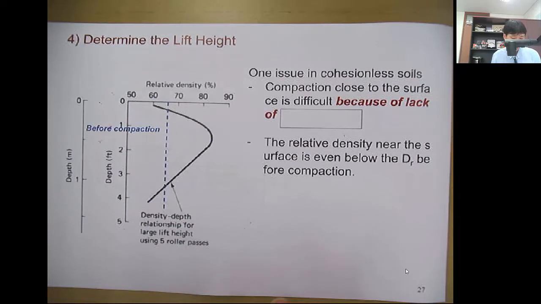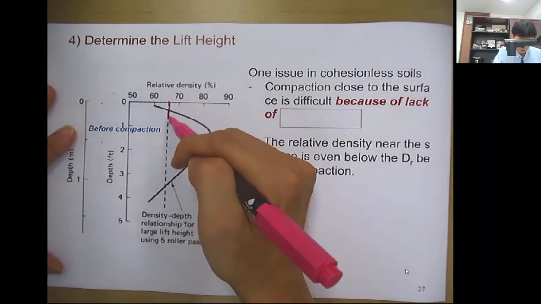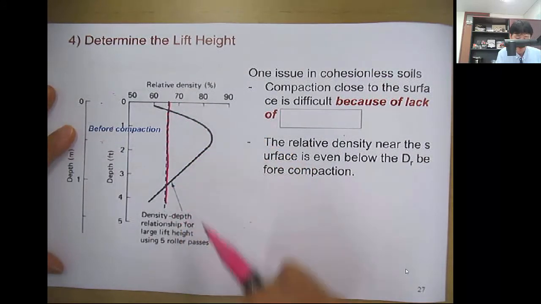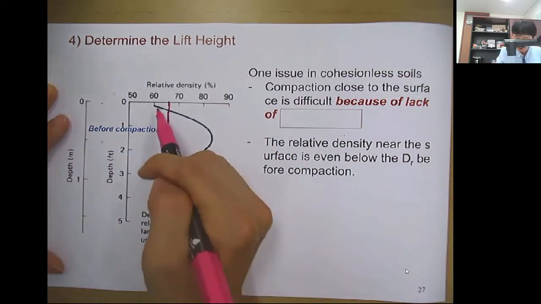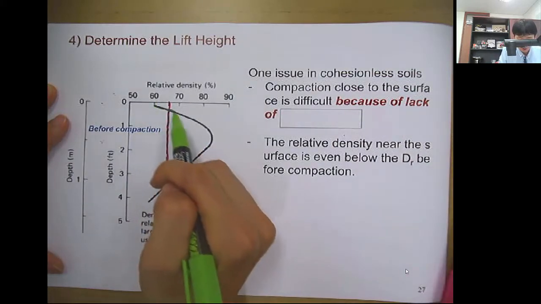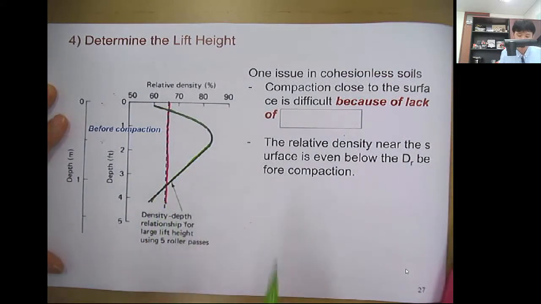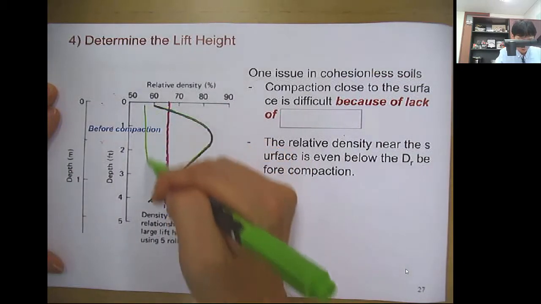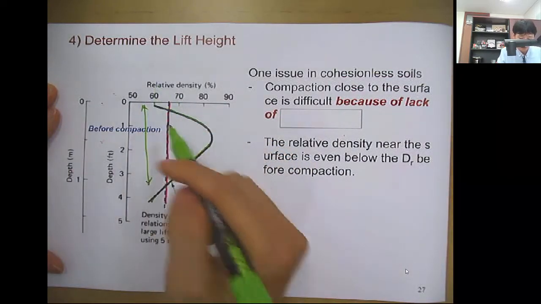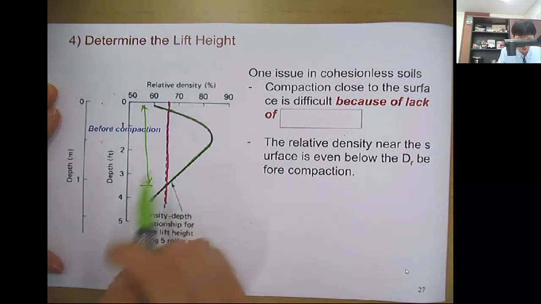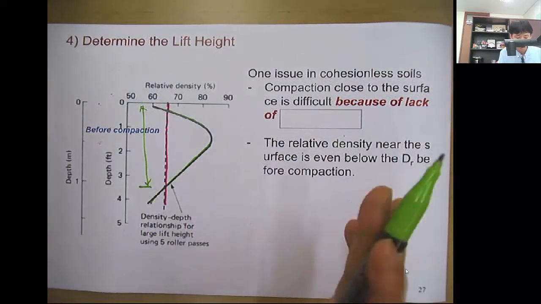So then, what will be the relative density change vertically before and after the compaction? Let's say that this line is the relative density before compaction, and after compaction it will increase like this, so that you have a certain limitation. So the compaction affects only 3 feet. 3 feet is about 1 meter.